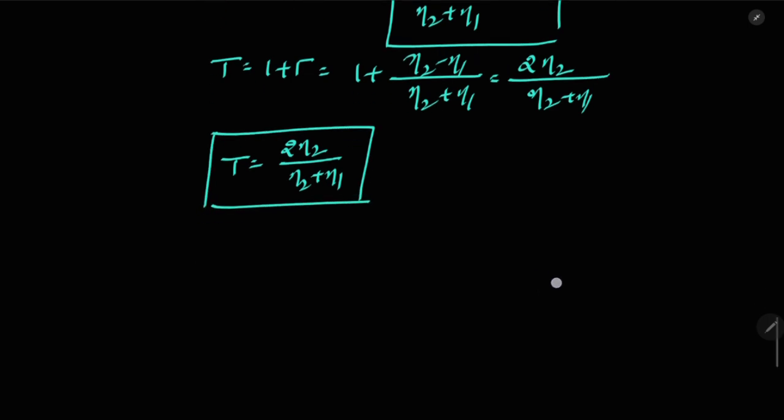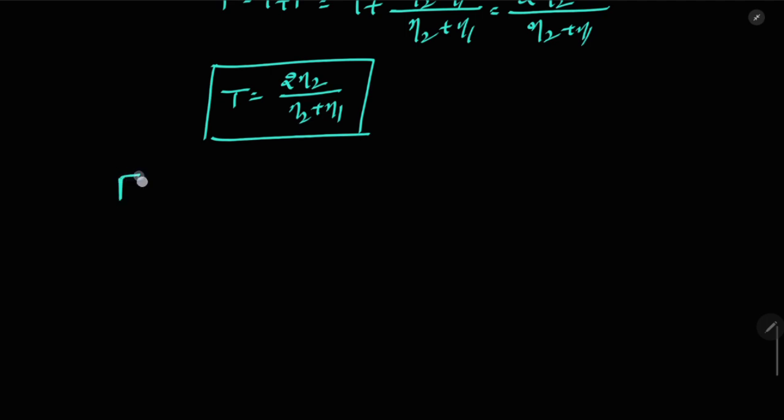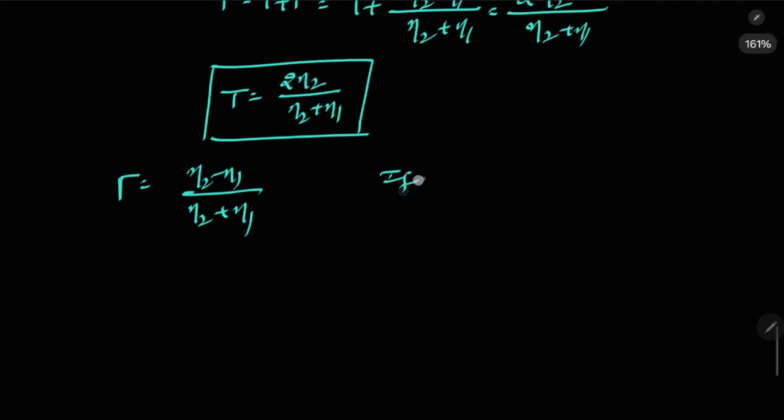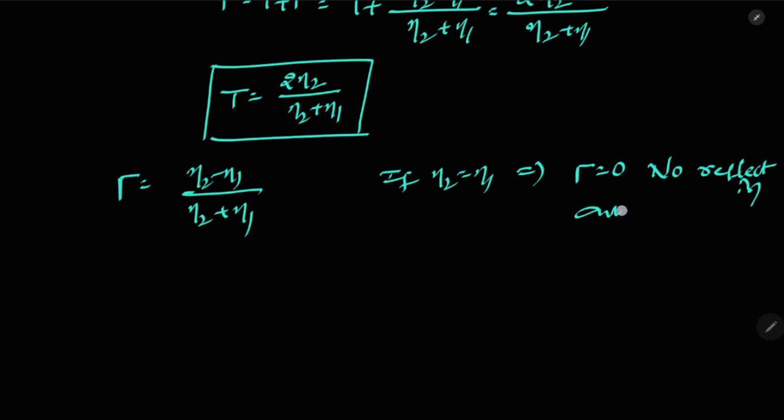Once you see gamma is equal to eta 2 minus eta 1 by eta 2 plus eta 1, what is the meaning of this? If eta 2 is equal to eta 1, then gamma is equal to 0. That means no reflection, only transmission. That is what you can understand.